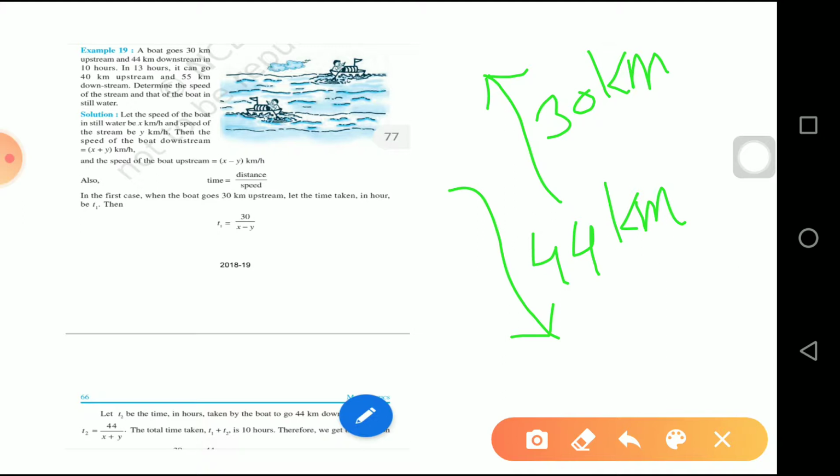Means in 10 hours the boat covers 30 km distance upstream, that is against the flow of the water, and 44 km downstream, that is in the direction of the flow of the water.